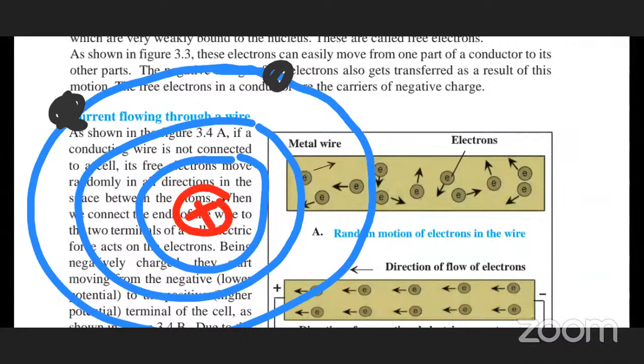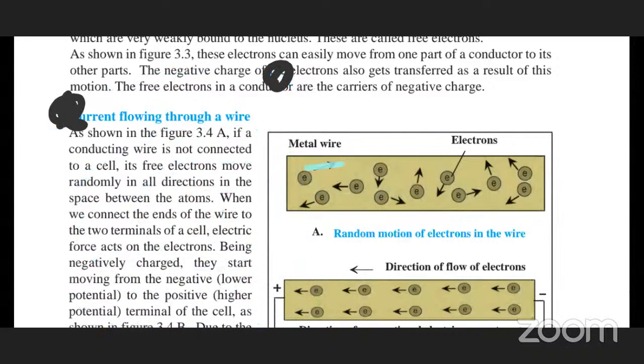If they are removed, it means we are getting free electrons, and whenever free electrons are present, conduction of electricity is possible. So the presence of free electrons is very important for conduction of electricity. Since in metals electrons are loosely attached, they can be easily removed from the outermost shell, and the metals can act as good conductors.